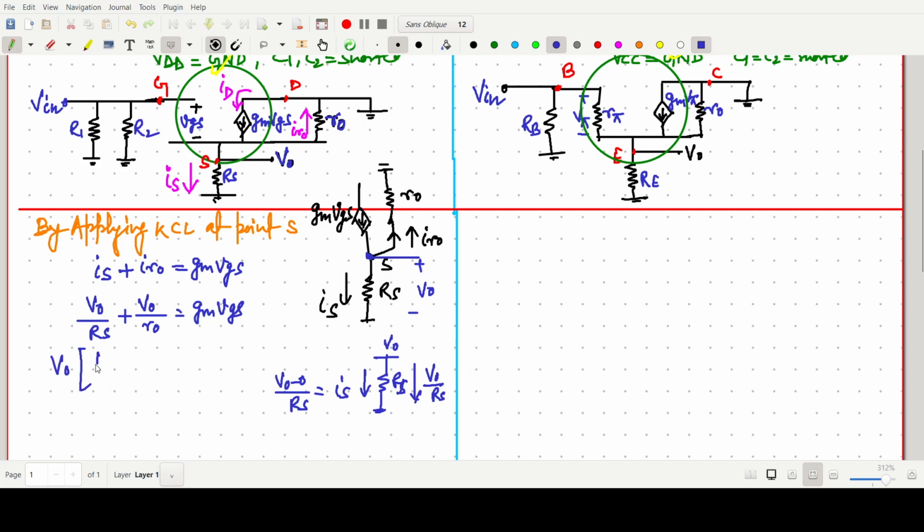So V naught times (1 by RS plus 1 by R naught) equals GM VGS.